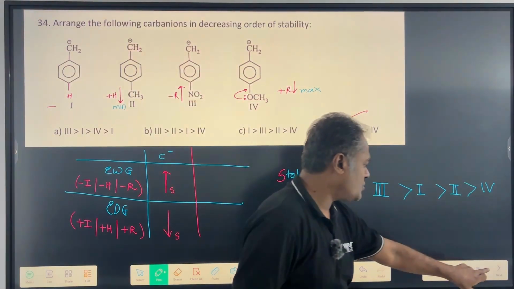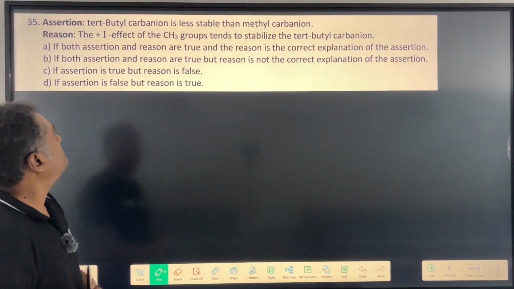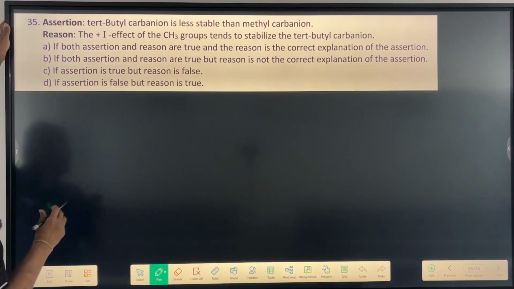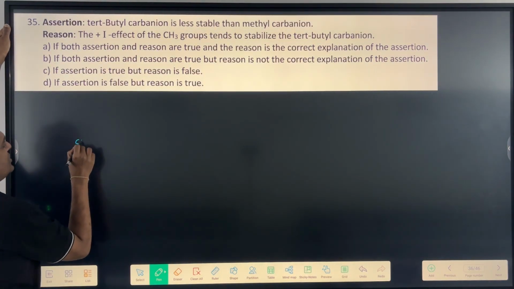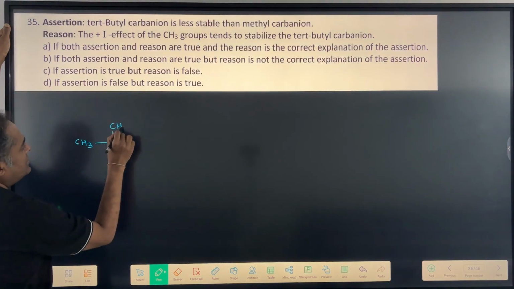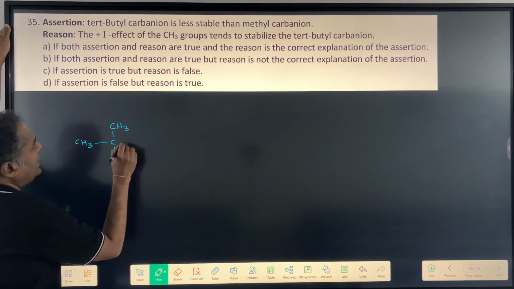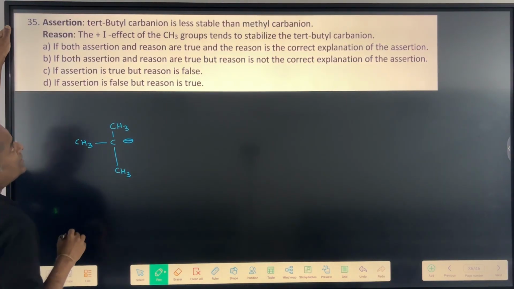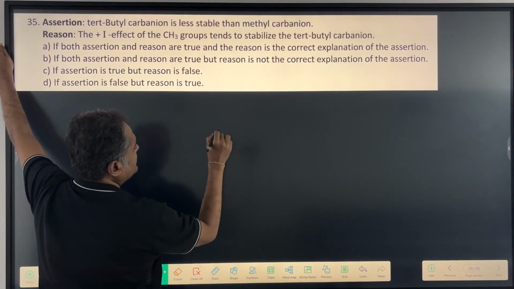Let us move to the next question, child. Now, here an assertion reasoning based question is given. Tert butyl carbanion, with CH3, CH3 and CH3 and minus, is to be compared with CH3 minus.